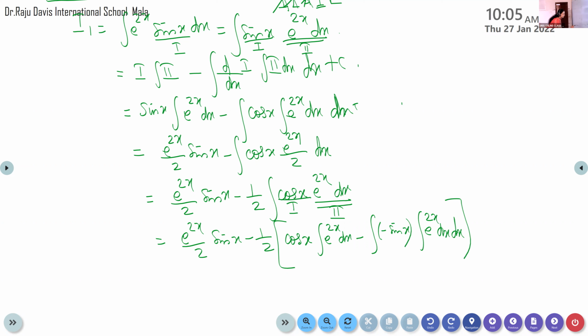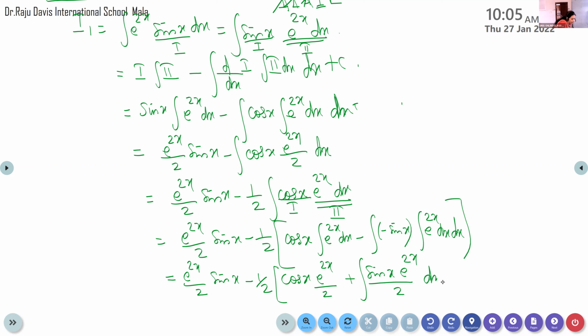So that is e raised to 2x by 2 sin x minus half into cos x into e raised to 2x by 2, since if we integrate, e raised to 2x gives e raised to 2x by 2. Minus of minus will become plus, integral of sin x e raised to 2x by 2 into dx.